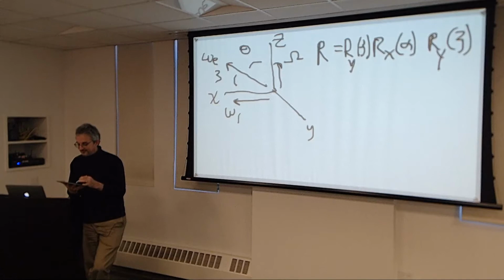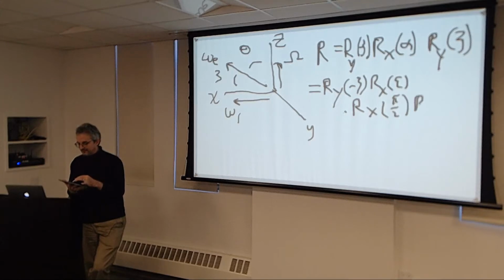So my next step, thinking about small rotations, is that I write this as a Y rotation by minus zeta, an X rotation by alpha, times an X rotation by pi over 2, and then the Y rotation by zeta.